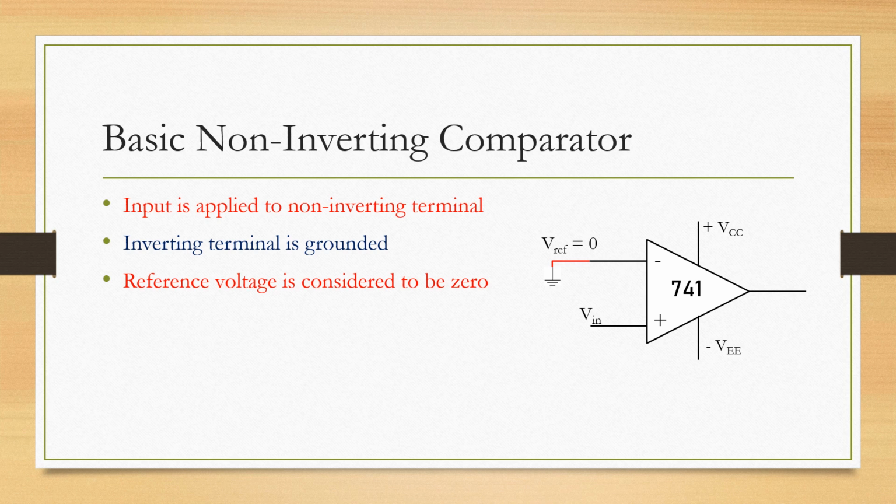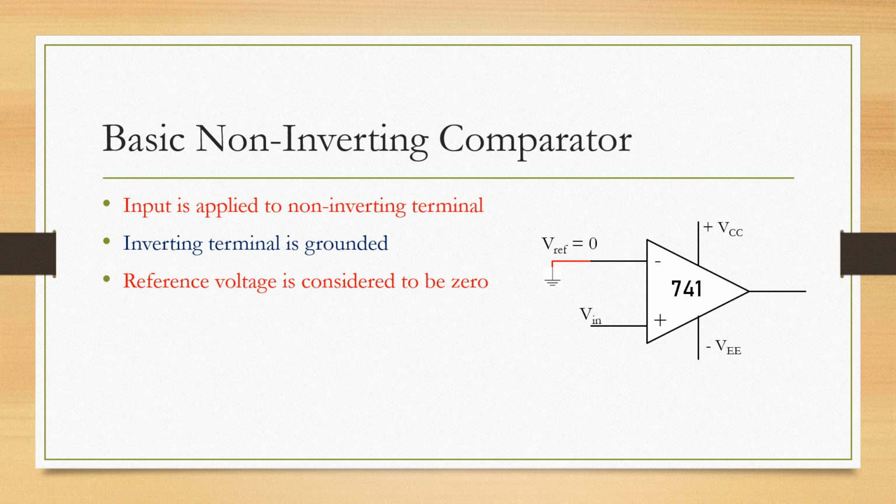Seeing the operation of this particular circuit, when a sinusoidal input is applied to the non-inverting terminal, as we know, the sinusoidal input has two parts, a positive part and a negative part. The circuit operation can be divided into two parts, positive as well as negative.